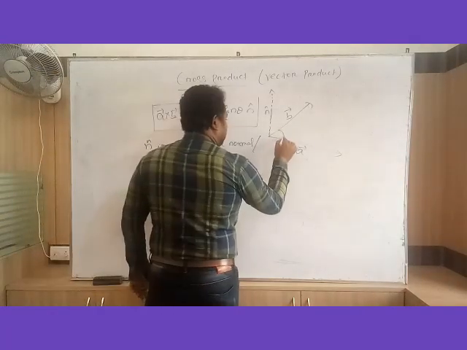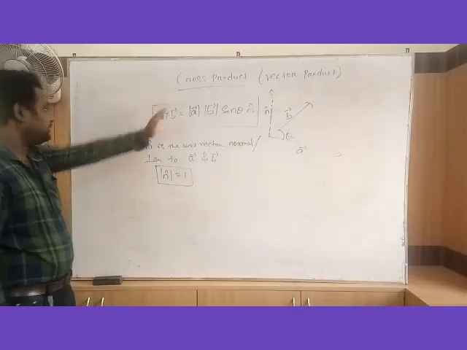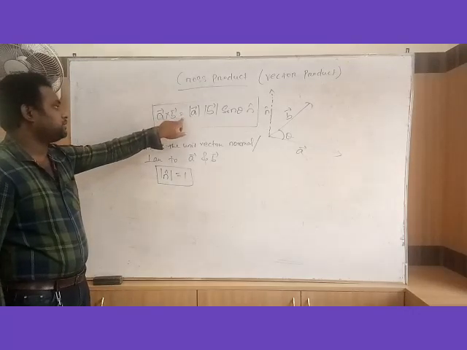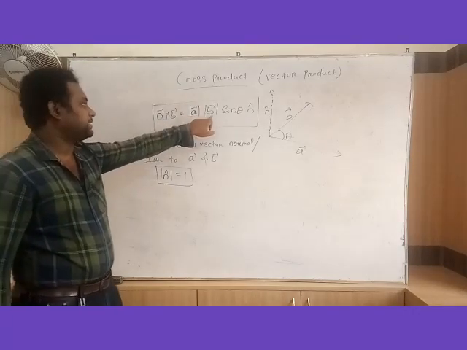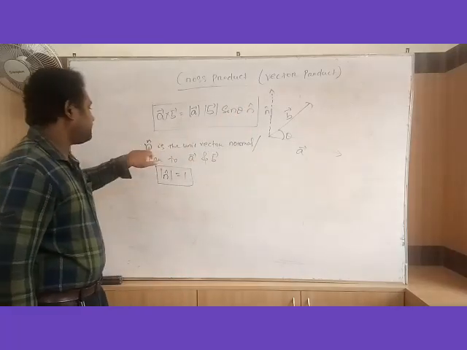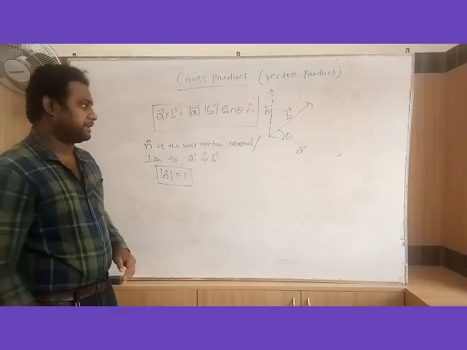Now this is the angle theta between A vector and B vector. So this is the general formula of cross product: A cross B equals magnitude of A into magnitude of B into sin theta into n cap, where n cap is the unit vector perpendicular to both A and B.